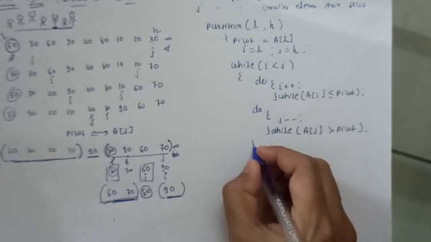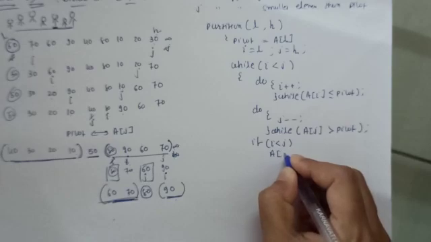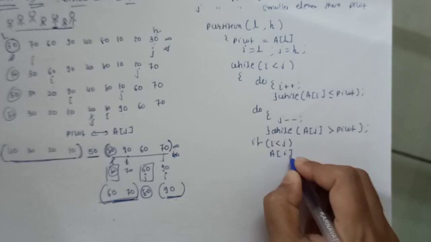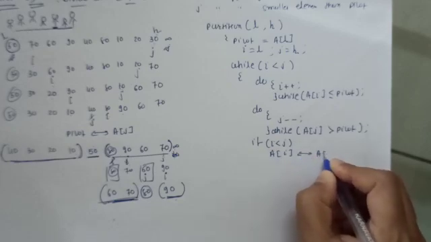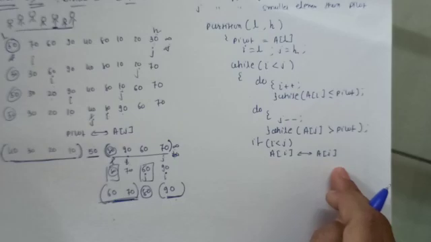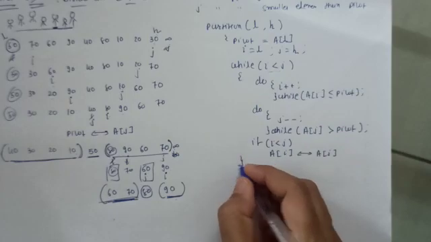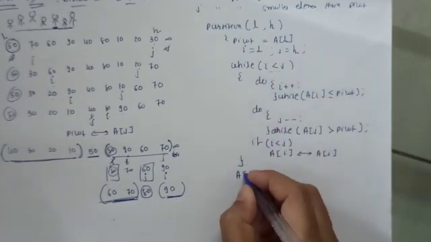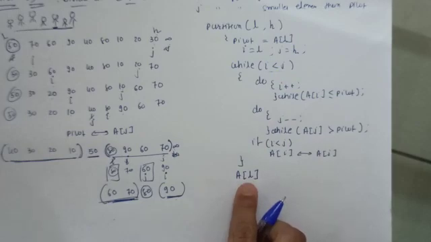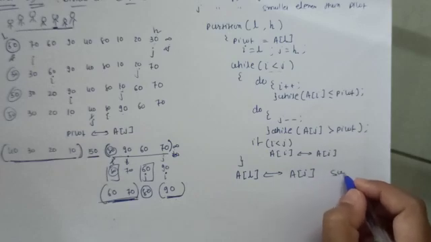Now if I is less than J, then we will exchange A of I and A of J. Now when this condition I less than J becomes false, when I crosses J, we will come out from this loop and we will exchange A of L, that means our pivot point, with A of J. You may call the swap function for this.